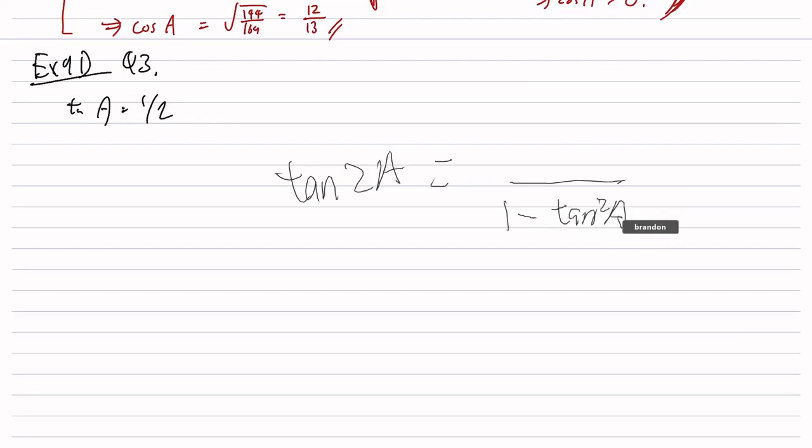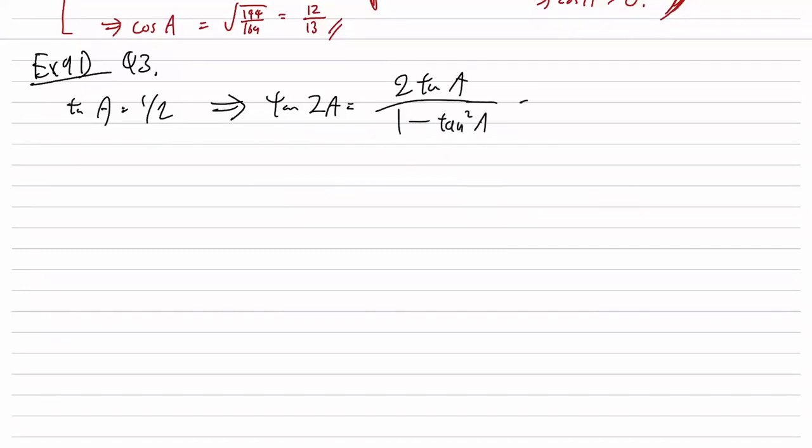Okay, very good. Then just fill in the blank and you can get the answer. Let's just do it right now. This implies tangent 2A equals 2 tan A over, sorry, I'm not showing the formula. Okay, 2 times half over 1 minus half squared. And this is just 1 over 1 minus 1 quarter, which is 3 quarters. So that's just 4/3. Very good. Now, how do you find tangent 3A?